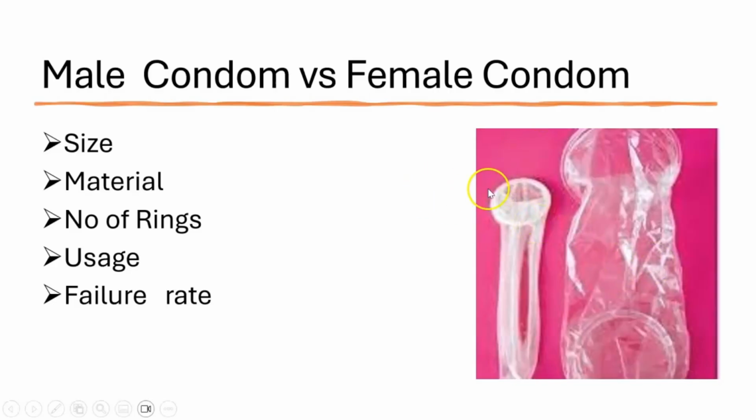There is only 1 ring in the male condom, while there are 2 rings in the case of female condom. So this is your first ring, this is your second ring. The failure rate of female condom is higher when compared with the male. In the case of male condom, the failure rate is 2 to 14 per 100 women years, while in the case of female condom, it ranges from 5 to 21 per 100 women years.